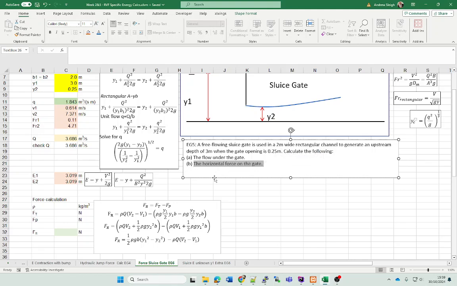Part B, horizontal force on the gate. Well, the resultant force is the opposite direction to the force on the gate, but that's what we're trying to calculate.